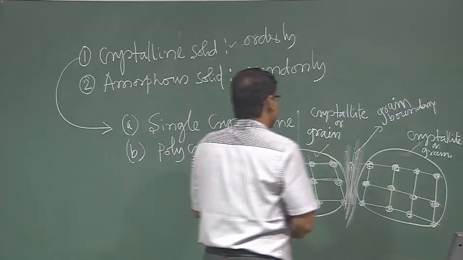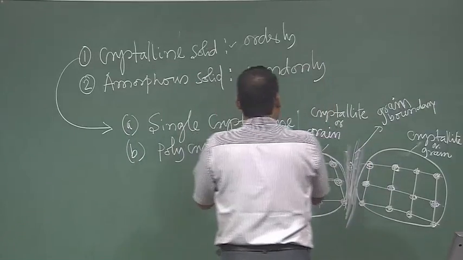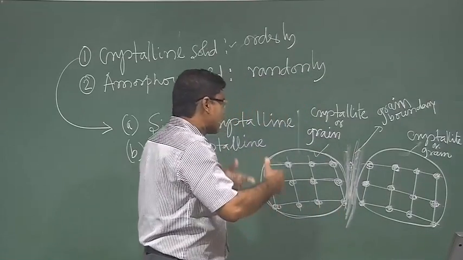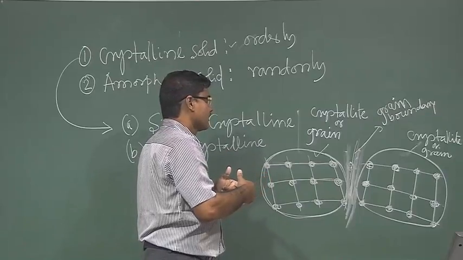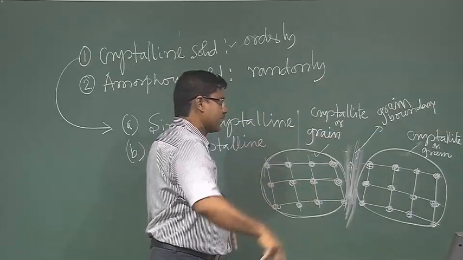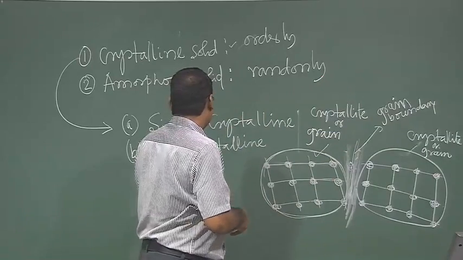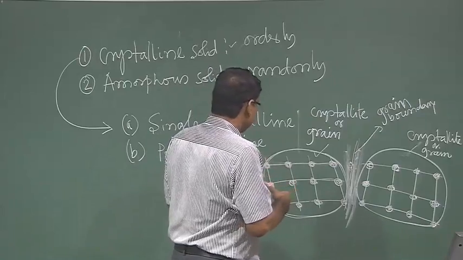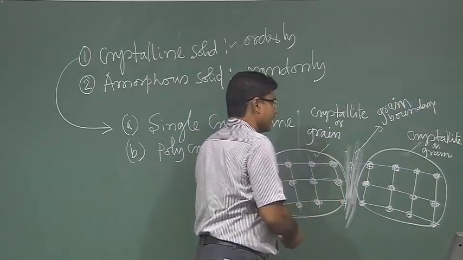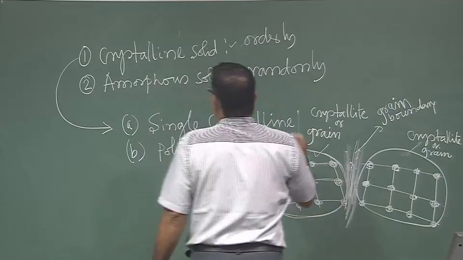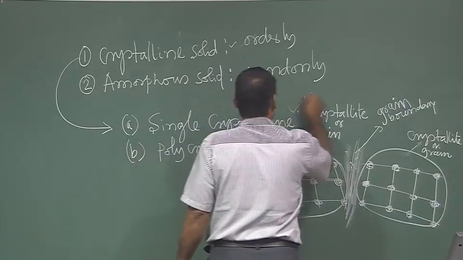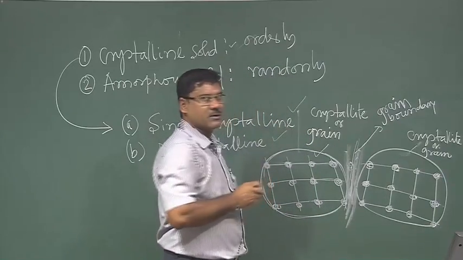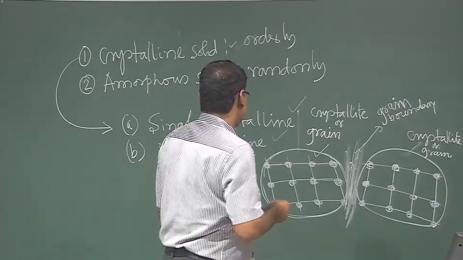Single crystalline is the arrangement of the atoms in a large region, and polycrystalline is the orderly arrangement of the atoms in a small region. That's why I told you that single crystal is long range order and polycrystalline is short range order of the atoms.